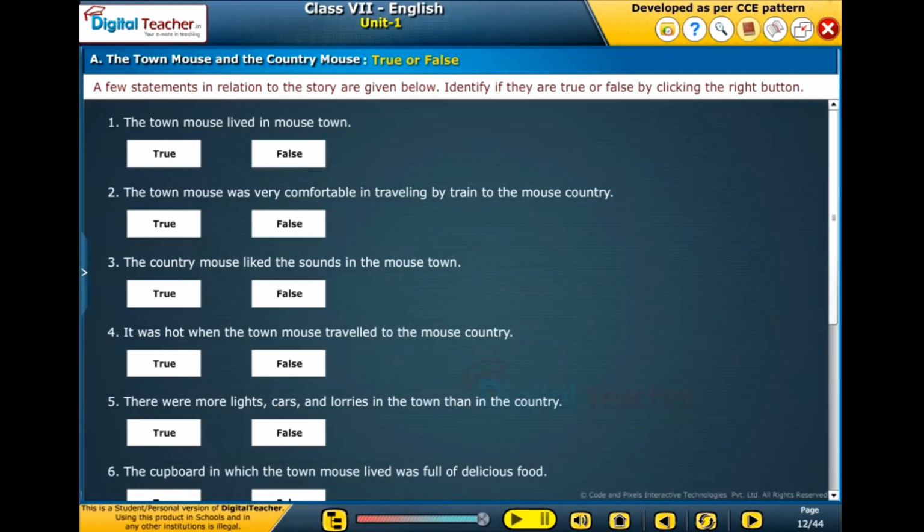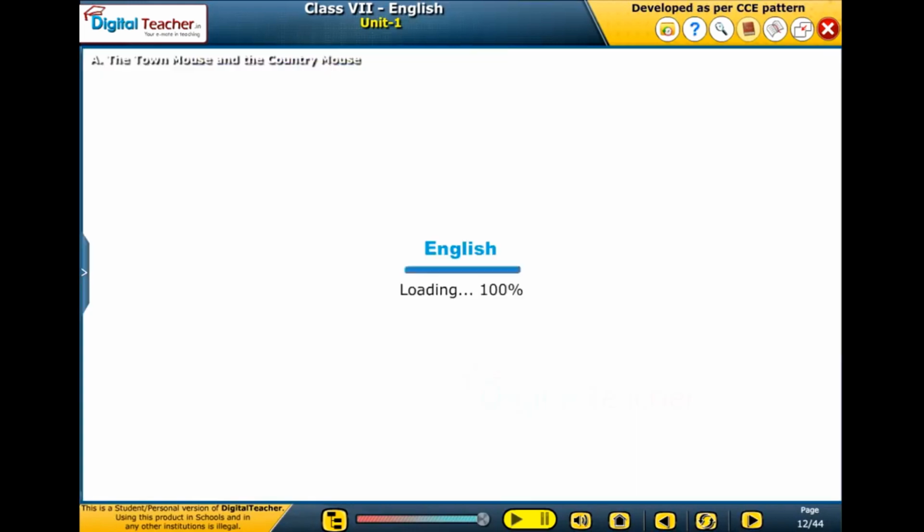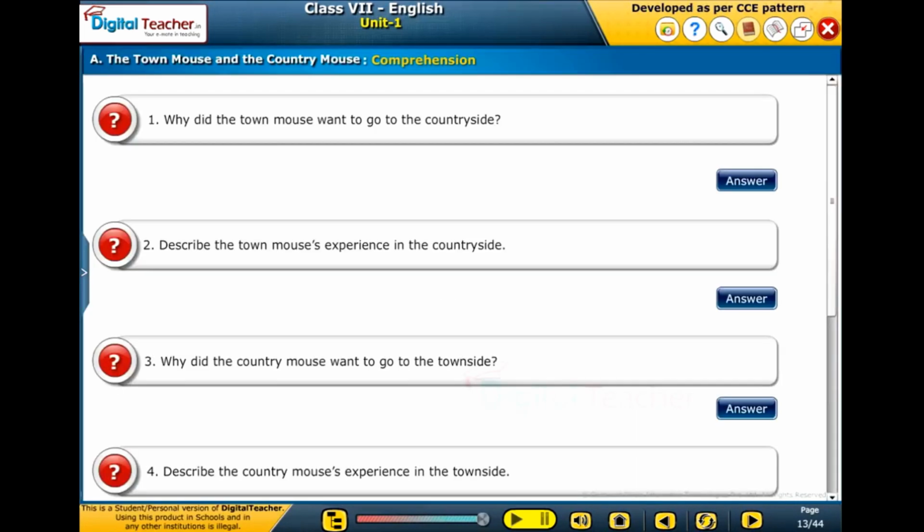Identify if they are true or false by clicking the right button. Answer the following questions. You can click the Answer button to view the answer.